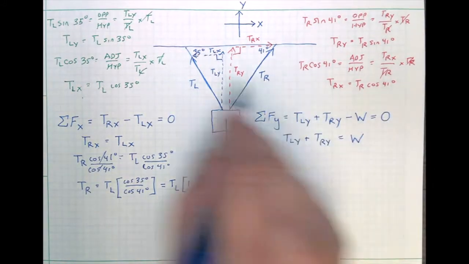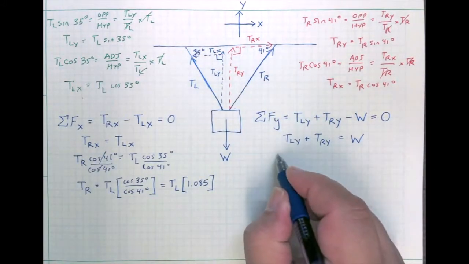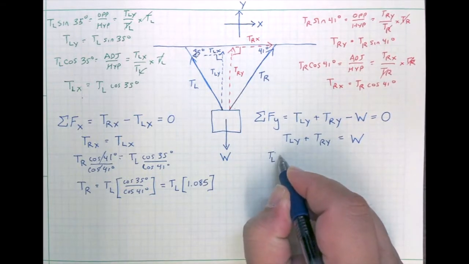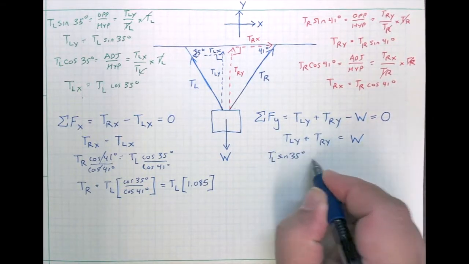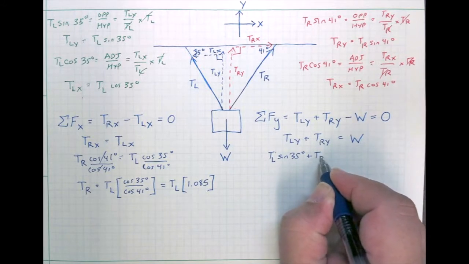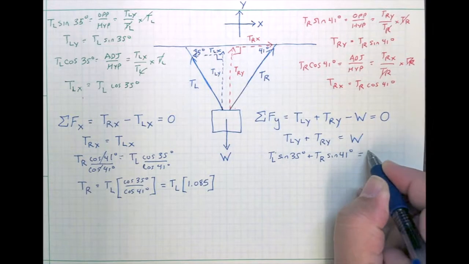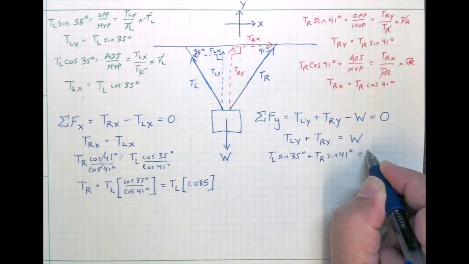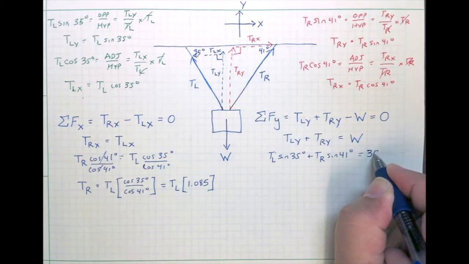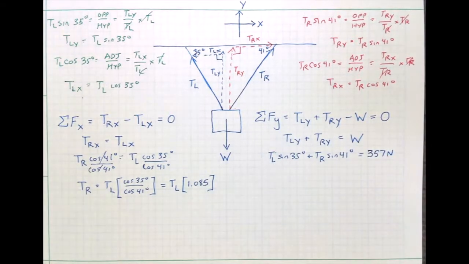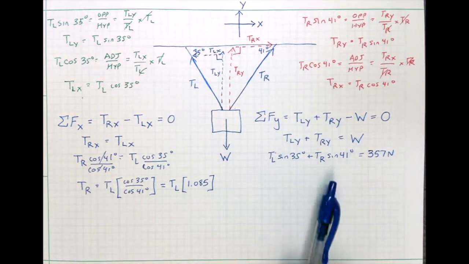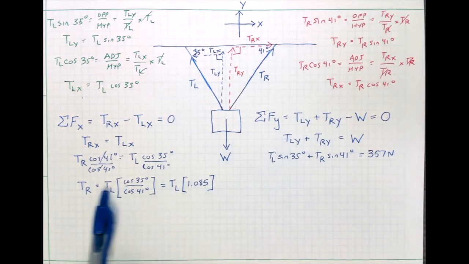Well, we use the formulas that we developed up here, and we say that TLY is TL sine 35, and TRY is TR sine of 41. And the weight force in this case is 357 newtons. It would seem that we're stuck because we still have two unknowns, TL and TR, but if we look over here, we discover that we have an expression for TR in terms of TL.